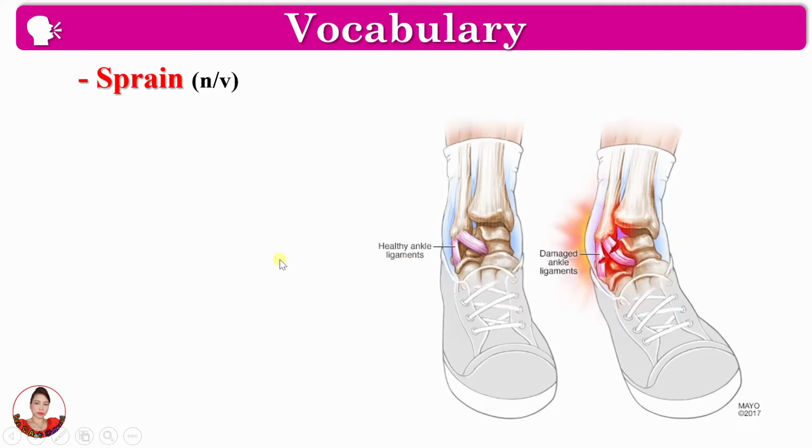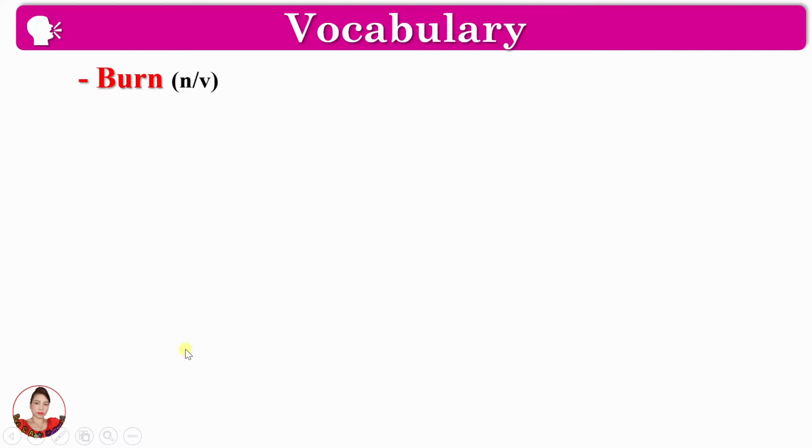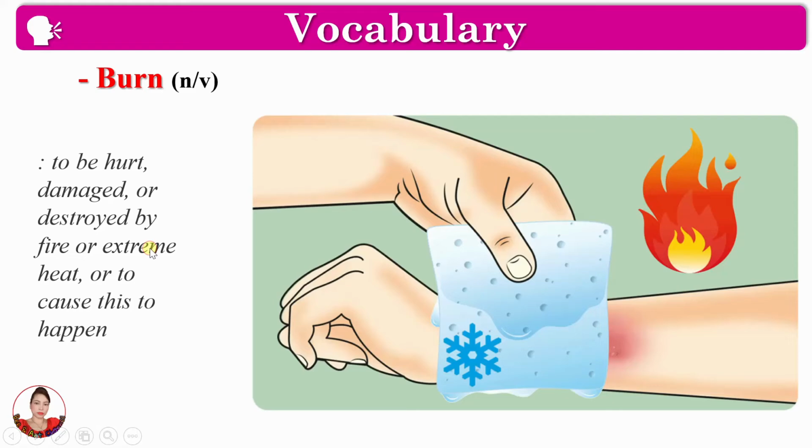An injury to a joint, a place where two bones are connected, caused by a sudden movement. Burn. To be hurt, damaged, or destroyed by fire or extreme heat, or to cause this to happen.